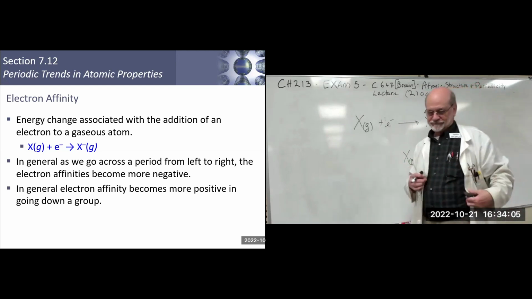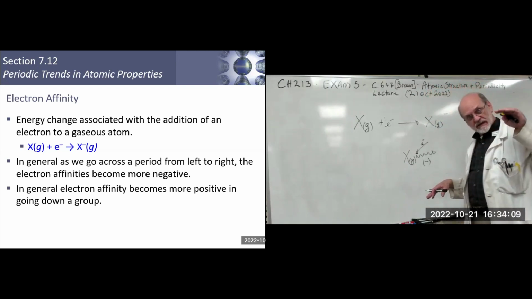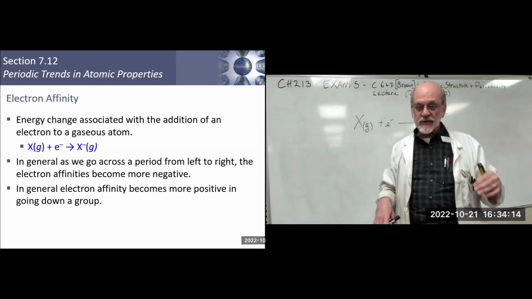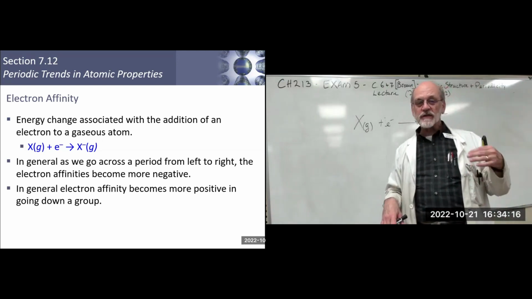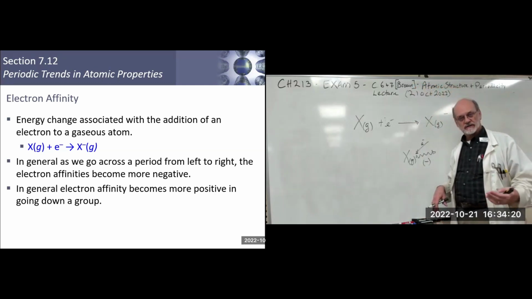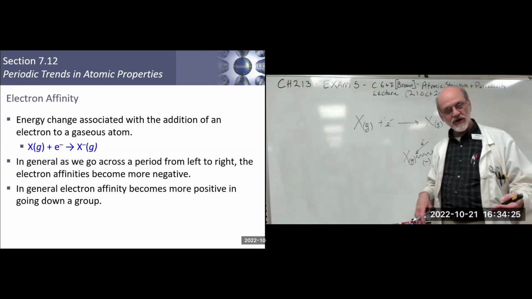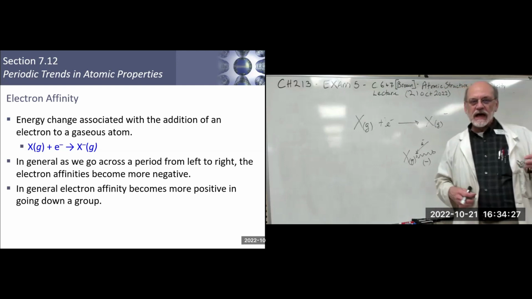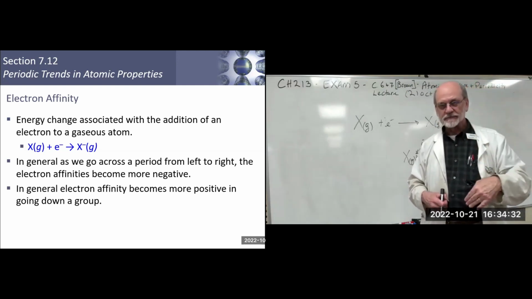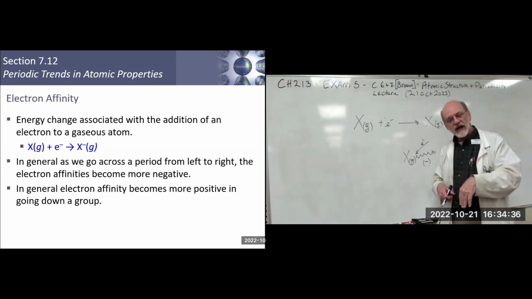Okay, and I emphasize that because of the way the trend is stated. In general, as we go across a period from left to right, the electron affinities become more negative. That is, the attraction is stronger. Okay, more negative means stronger attraction. The electron affinities become more positive going down a group. They may be negative numbers, but they become more positive, toward the positive.